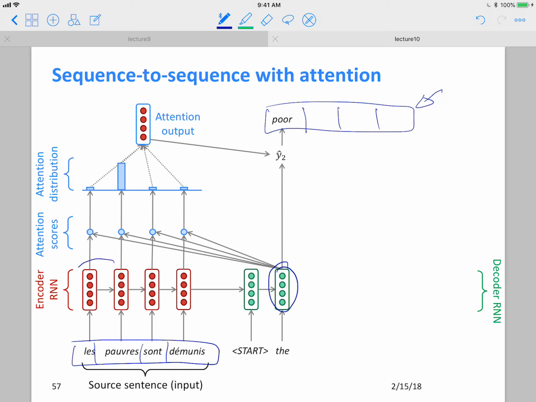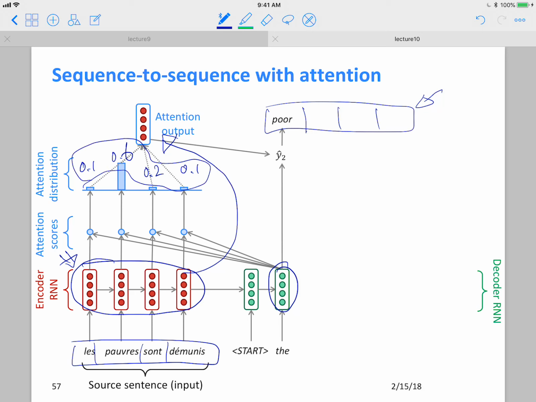The encoding vectors and their weighted average vector is called the context vector, right? How we compute the weighted average of these encoding vectors is determined based on the attention weights. For example, 0.1, 0.2, 0.1 and 0.6. These are attention weights, right?